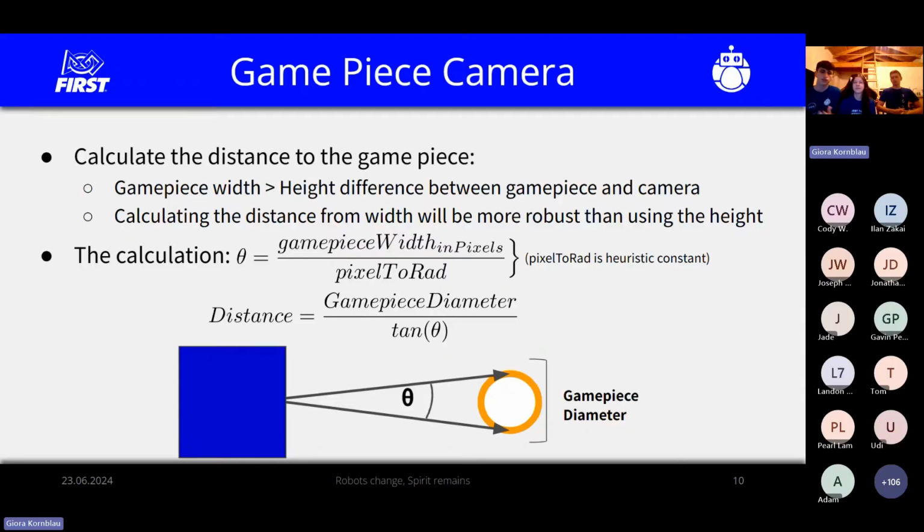And to get the distance, it depended on similar triangles, which is we get it by dividing the game piece diameter in real life by the tangent of the theta that we just calculated.